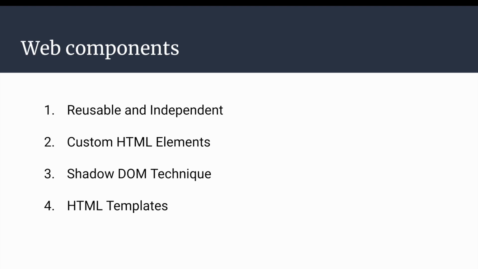And coming to HTML templates, there are two tags provided by HTML templates, the template tag and the slot tag. Whenever you write some content inside the template tag, it will not render in your DOM unless you use or utilize it. So whenever we call it, only then can it be utilized in our DOM and rendered at any place.